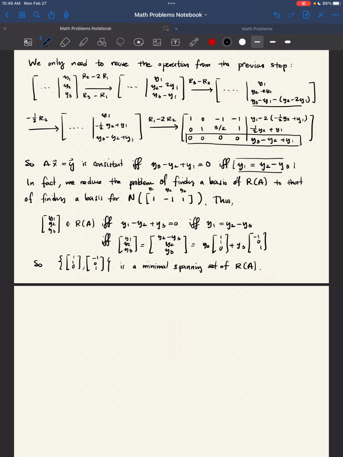Okay, so now, what about the row space? Well, the row space is even easier. Why? Because we already did everything.